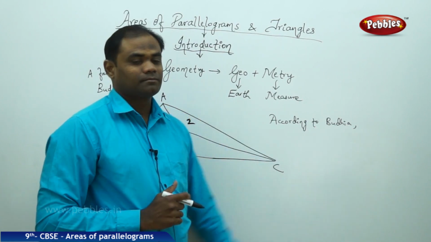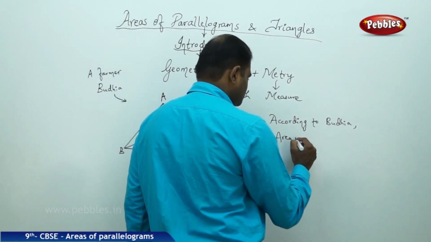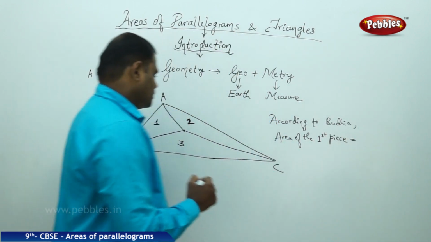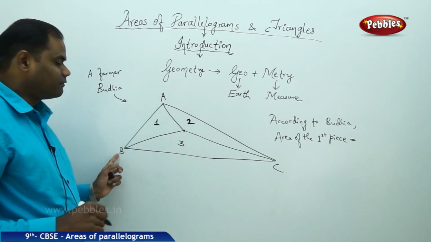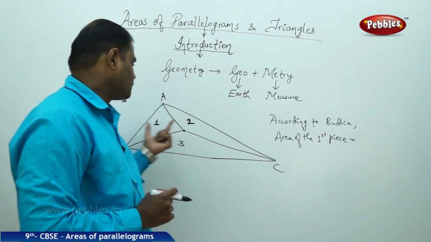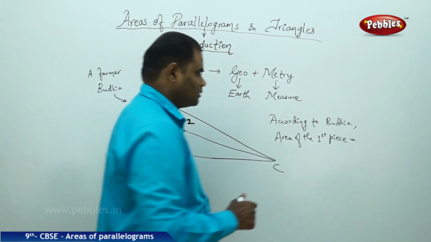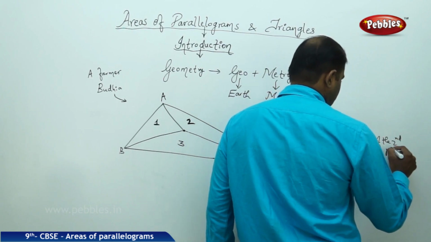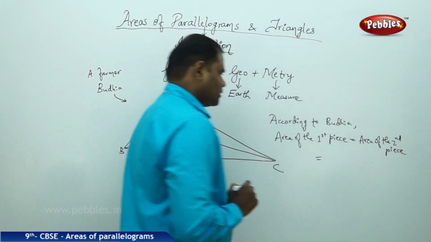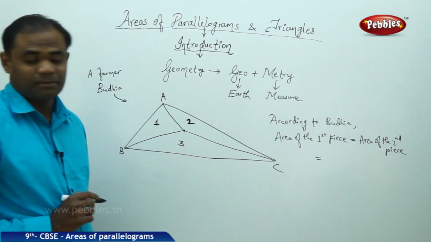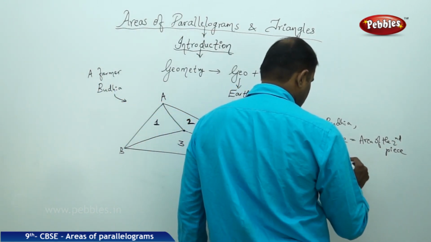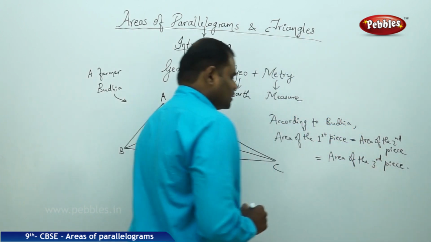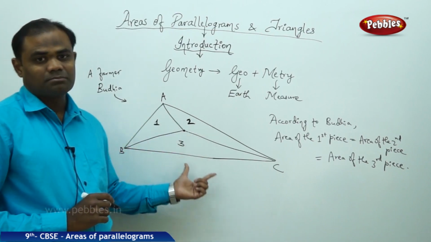And according to Budhia, area of the first piece is equal to area of the second piece. Though they are in different shapes, it is assumed that area of the first piece, according to Budhia, is equal to area of the second piece, and also this is equal to area of the third piece.